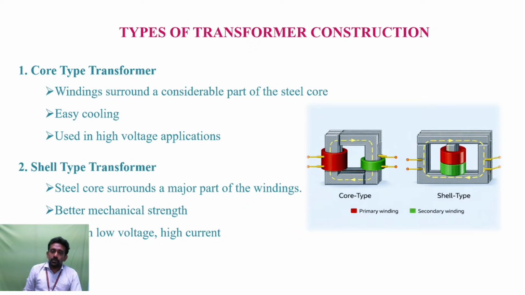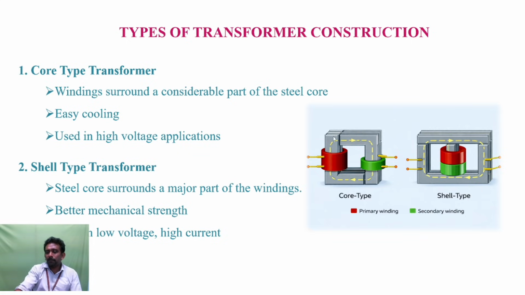And coming to the various types of transformers: first the core type transformer, and second the shell type transformer. This classification is based on the construction type. In the core type transformer, the winding surrounds a considerable part of the steel core.